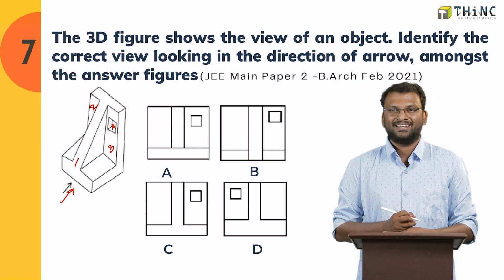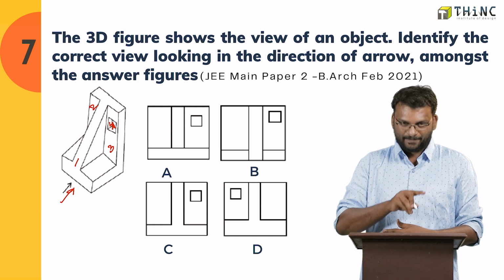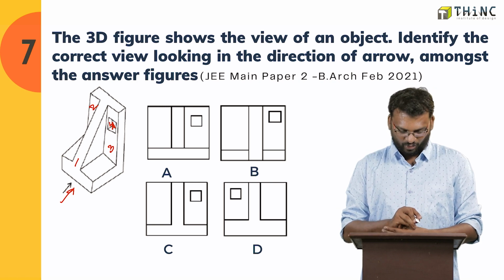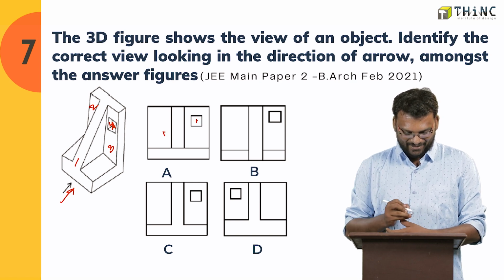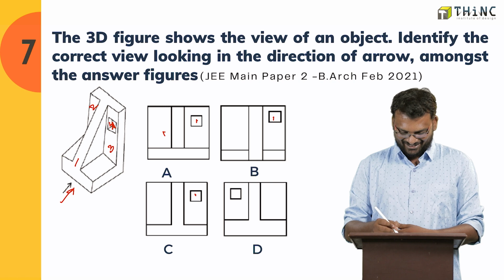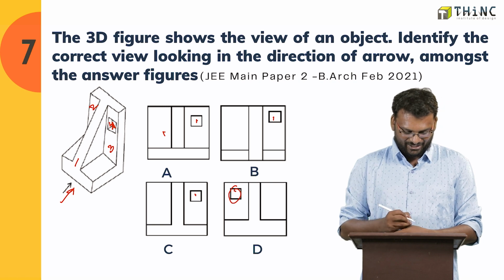You can call it position 4, or surface 4. In all the options that one is there, but in one it is on the left side. Actually it has to be on the right side, and you can find that it is not a continuous line.